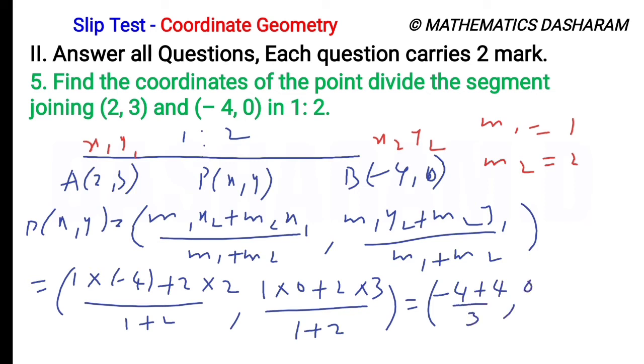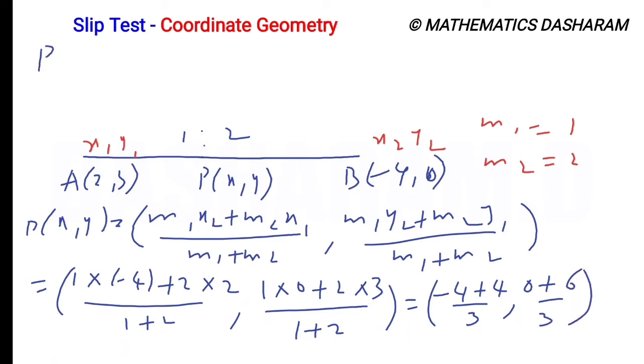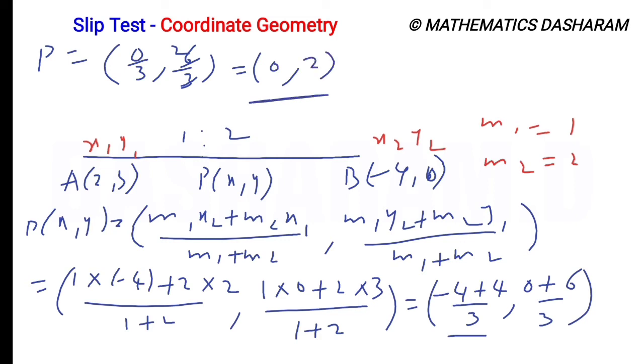Next 1 into 0 is 0, 2 threes are 6, by 1 plus 2 is 3. So point P equals minus 4 plus 4 is 0 by 3, next 0 plus 6 is 6 by 3. 0 by 3 is 0 and 6 by 3 is 2. So the required answer is (0, 2).